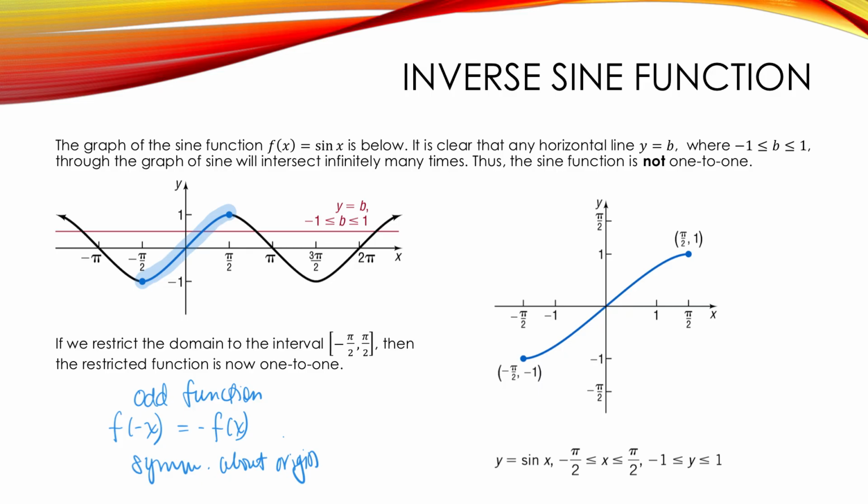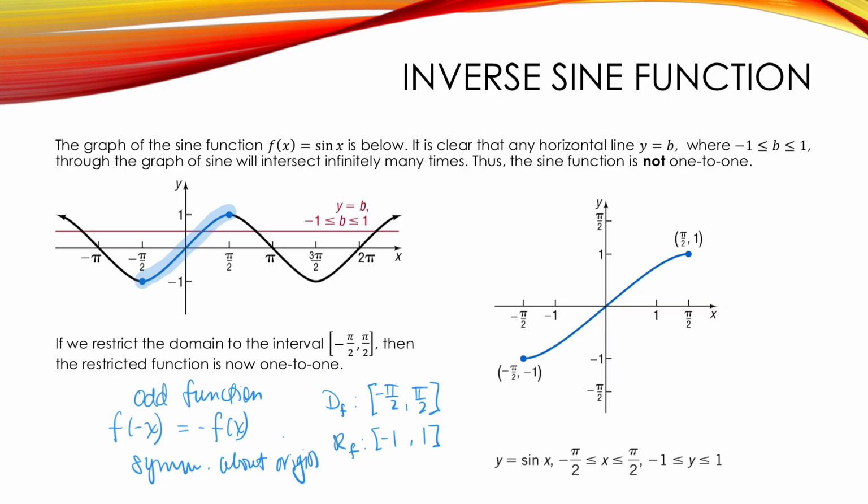So instead, we're just going to look at the domain of our function being between negative pi over 2 and pi over 2, and our range is going to stick with negative 1 to 1. Our sine function already has a range of negative 1 to 1, so we didn't really change anything.